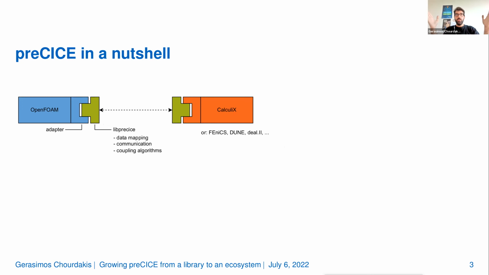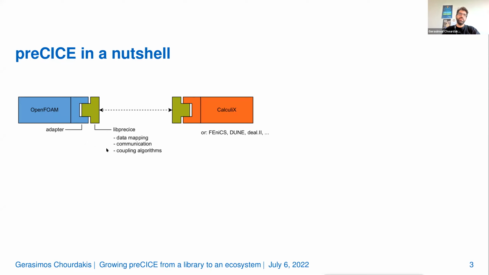As you see, both solvers are published standard solvers, experts in their fields, and you only need to add this preCICE library to make them talk. How do you do that? You essentially need to call the library, and these additional lines of code that you need to call the library, we call an adapter. In case of OpenFOAM, this is a nice plugin. In other codes, this may be some additional code changes directly in the code or in any other interface it may provide.